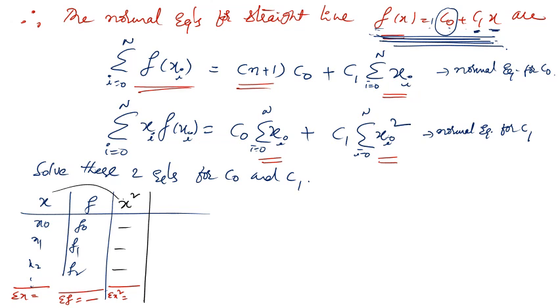Next required is x into f: take the product of x and f here, and find the x into f value. Substitute all these values in these two expressions, solve them for c0 and c1, and substitute in the straight line expression. These two are the normal equations for the straight line.